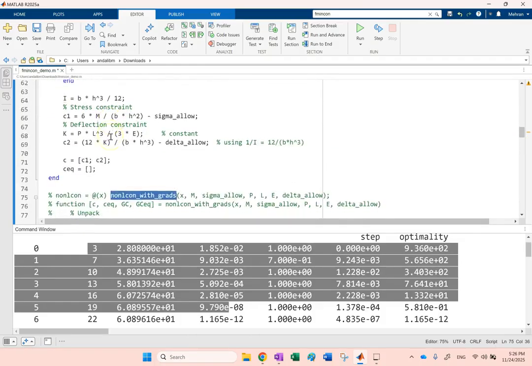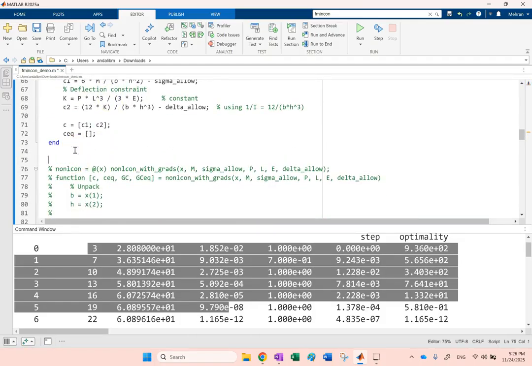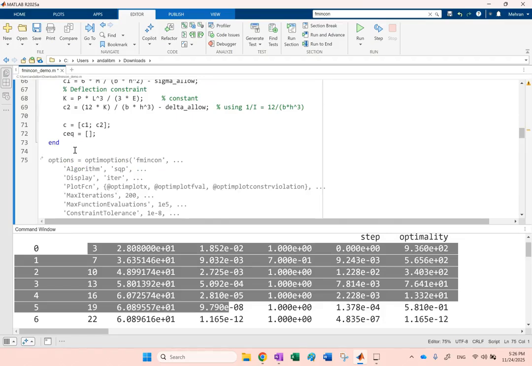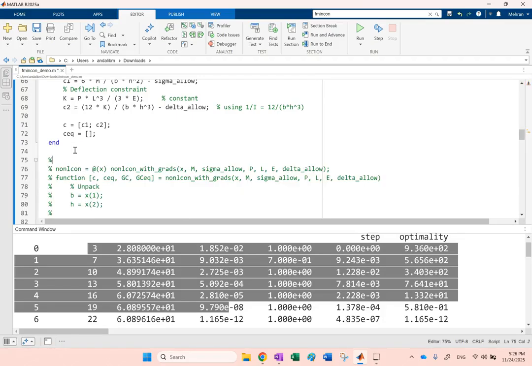Okay, so if you want, you can go ahead and let me add something here. So I say uncomment this part to provide the gradients for the constraints.